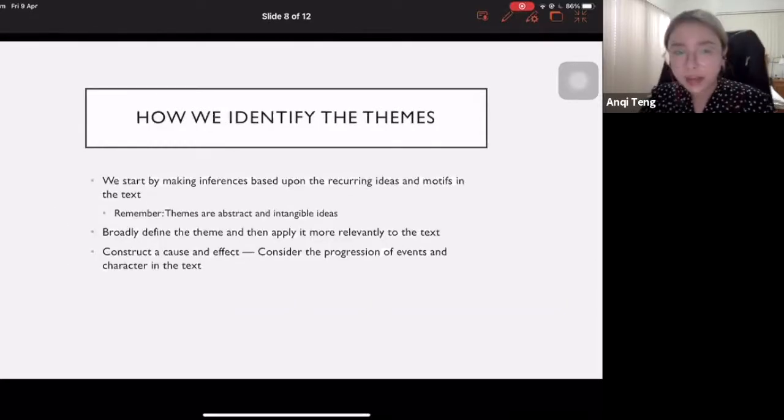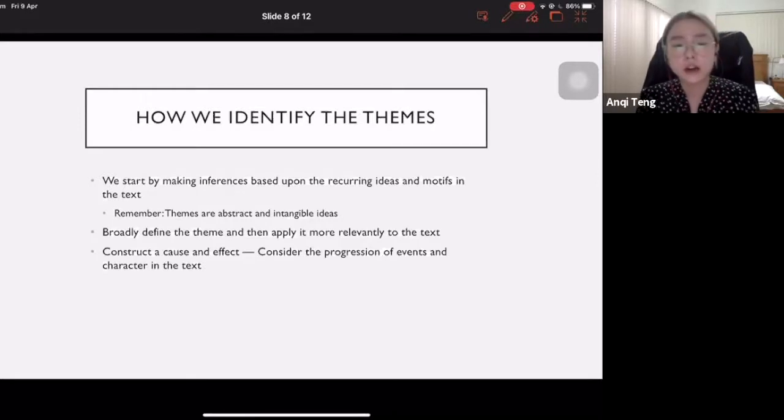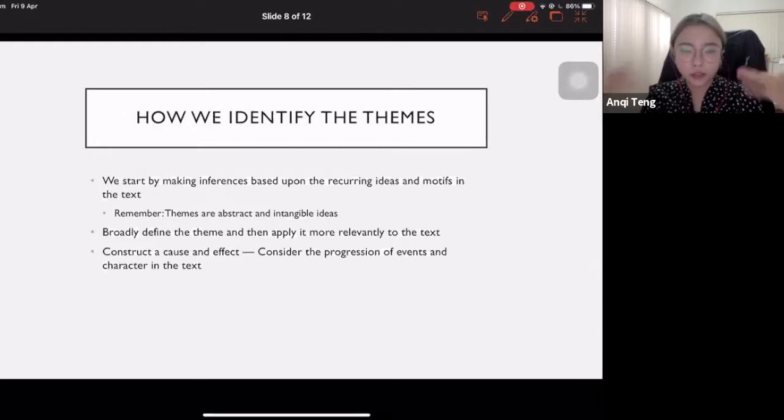And let's look at how we actually identify the themes and construct a message. The first thing we do is start by making inferences based upon the recurring ideas and motifs in a text. Remember, themes are abstract and intangible ideas, so we look at things that come up throughout the text.